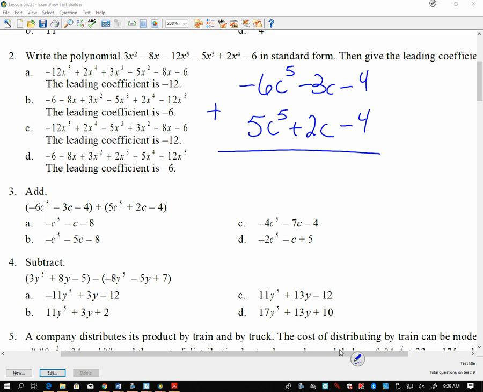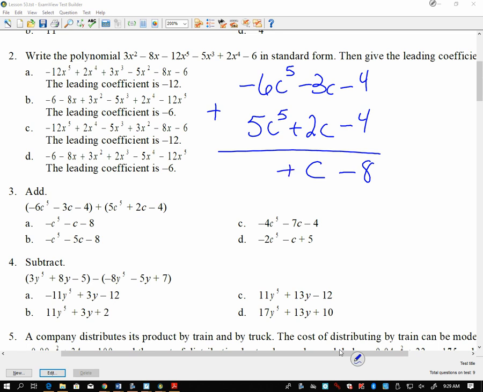Okay, what is negative 4 plus negative 4? Negative 8, right? Okay, the same as negative 4 minus 4 is negative 8. What is negative 3 plus 2? 1, right? So it would just be what? C. Okay, but it's positive, correct?